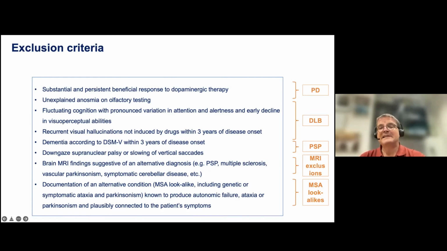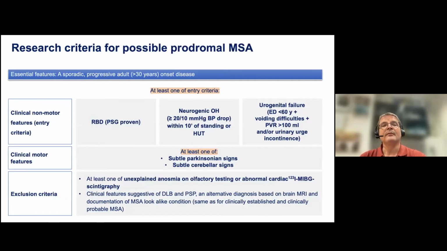And then MSA lookalikes. These could be other degenerative diseases, including genetic or symptomatic causes of ataxia and Parkinsonism, known to produce autonomic failure, ataxia, or Parkinsonism, and plausibly connected to the patient symptoms. These are all exclusion criteria.